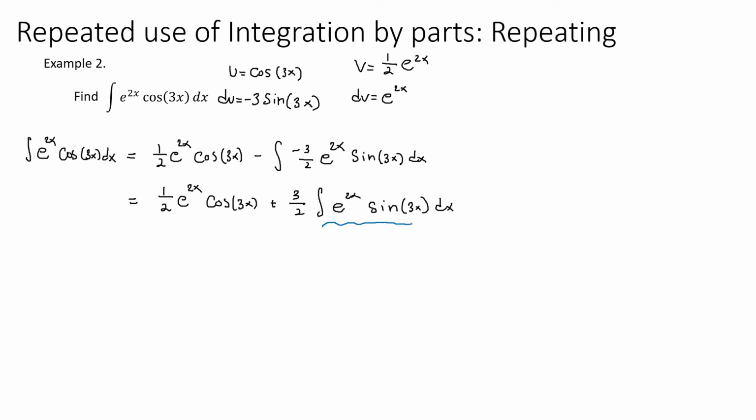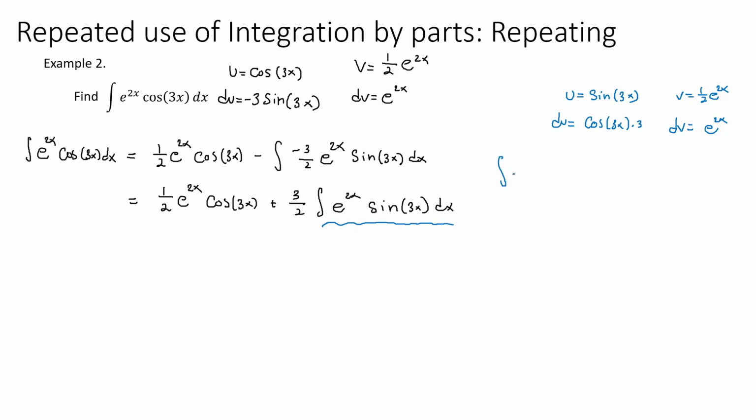Once again, we have a second integration by parts where your u in this case is sine of 3x. So therefore du has to be cosine of 3x times 3. dv is equal to e to the 2x. So v has to equal 1/2 e to the 2x.